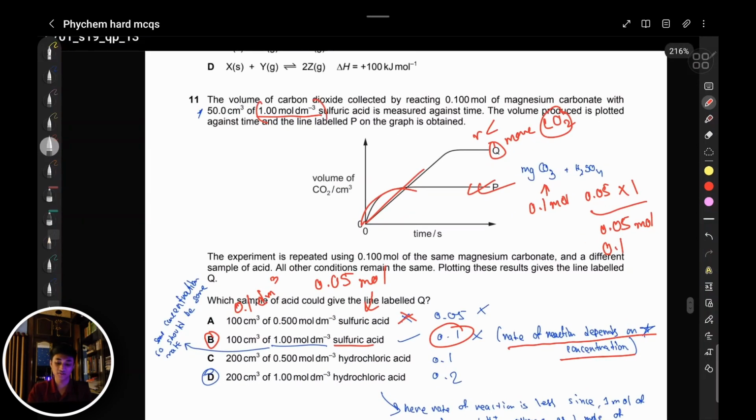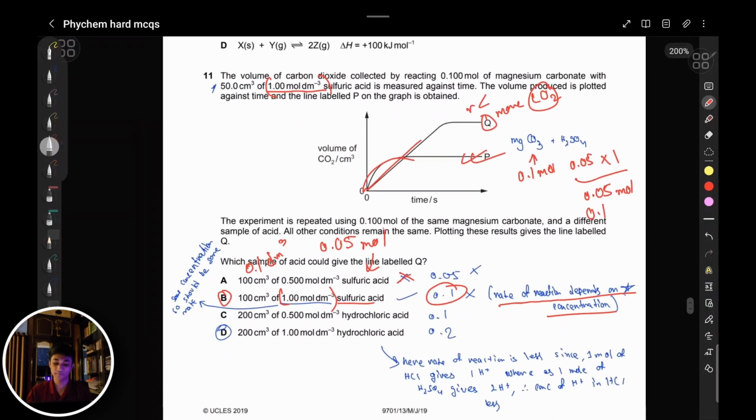Since the concentration remains the exact same, B cannot be the answer, as the graph is giving different rates of reaction. Even if the amount has doubled according to B, giving you 0.1 moles, which is the exact double of 0.05 moles with the same reactant, even though it's giving you double the amount of CO2, you cannot choose this due to the exact same rate of reaction.